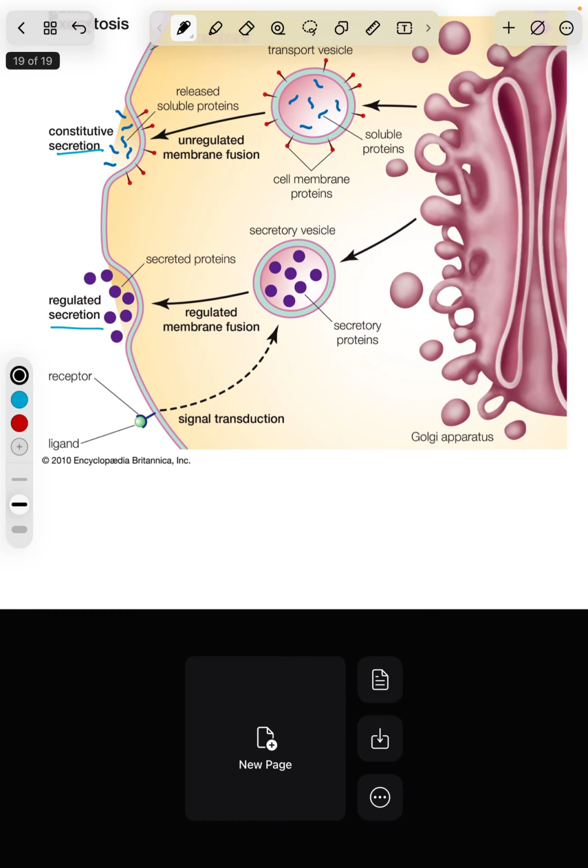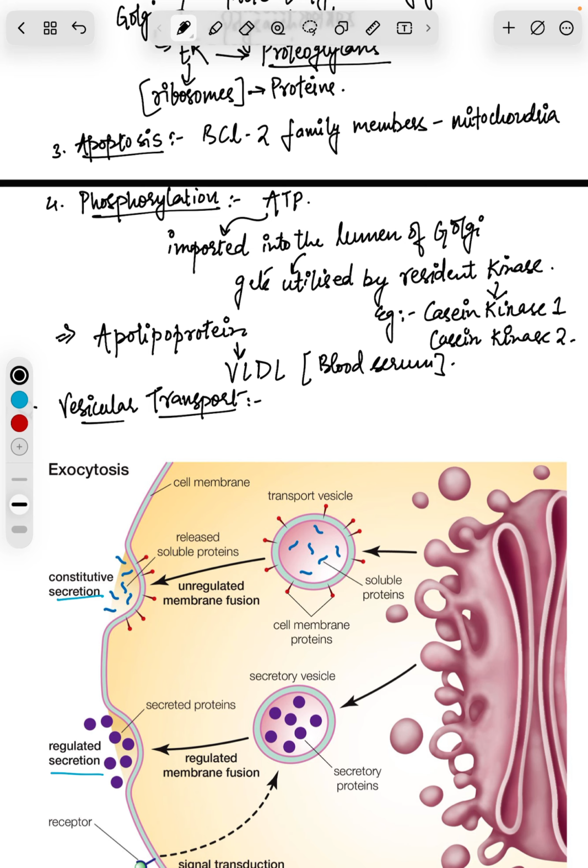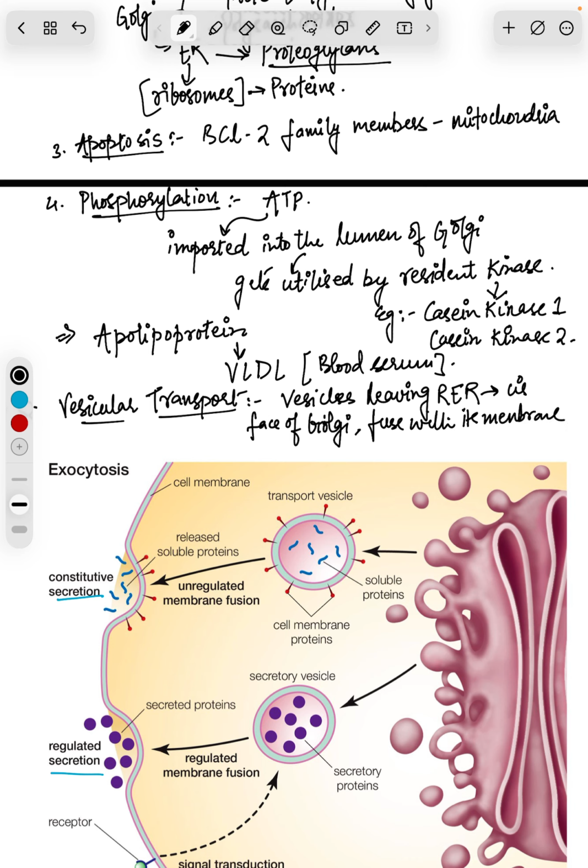So summarizing the concept, we can write that vesicles leaving RER are transported to the cis phase of Golgi, fuse with its membrane and empty its contents inside Golgi's lumen.